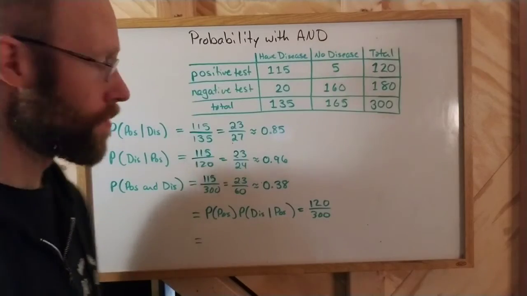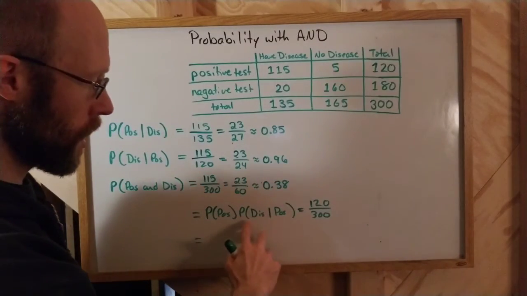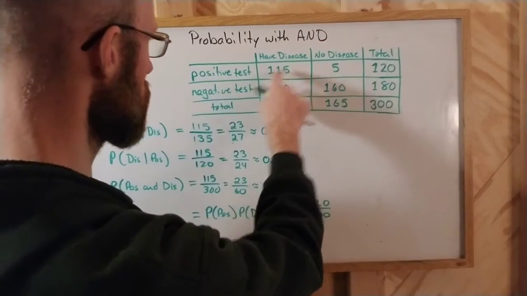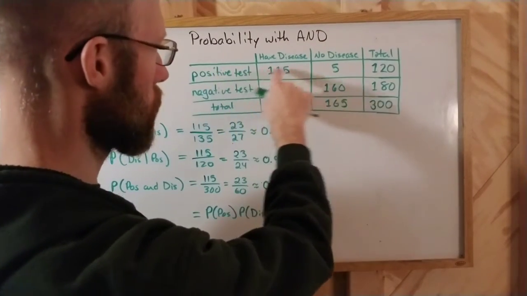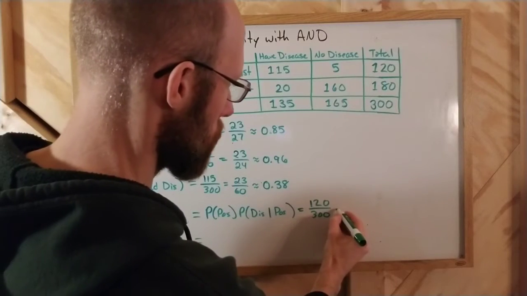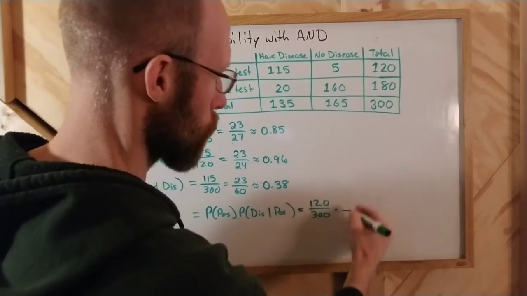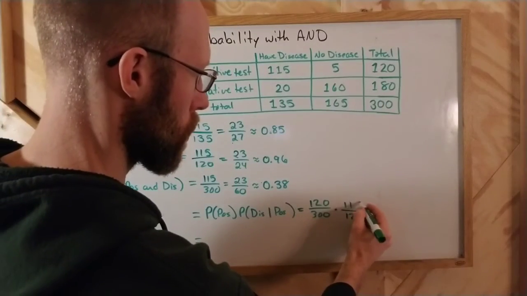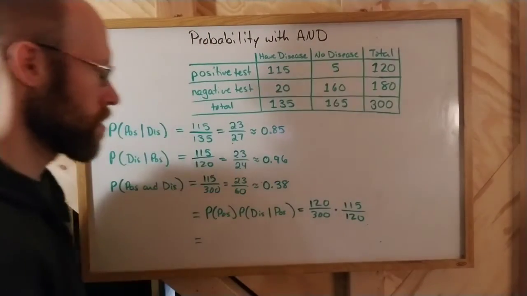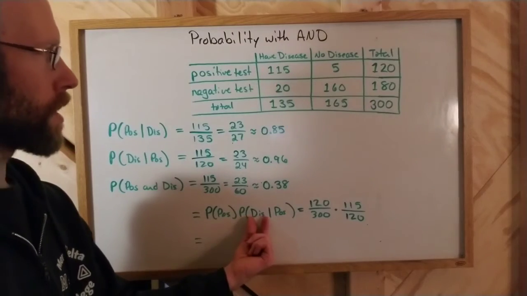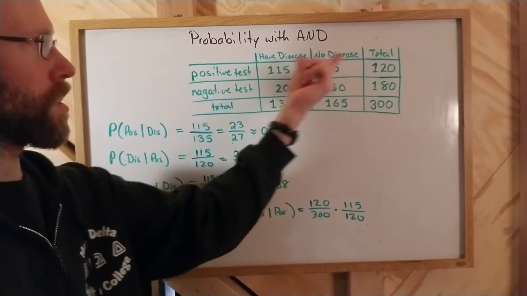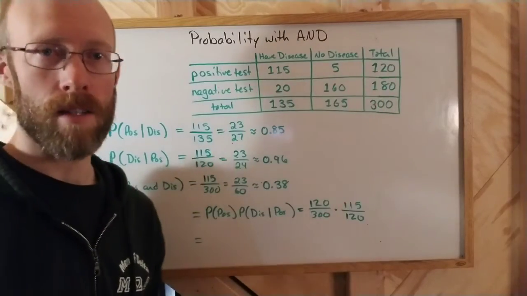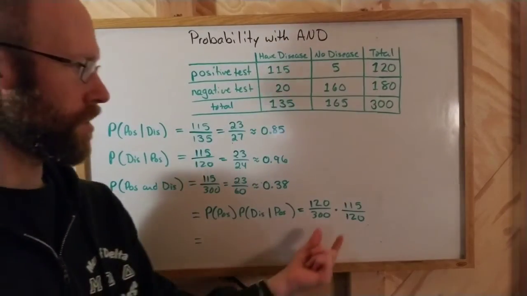120 out of 300. Now, the probability of the disease given a positive test, well, given a positive test is going to be out of 120, and that's 115 out of 120, right? So 115 out of 120 positive tests actually had the disease.